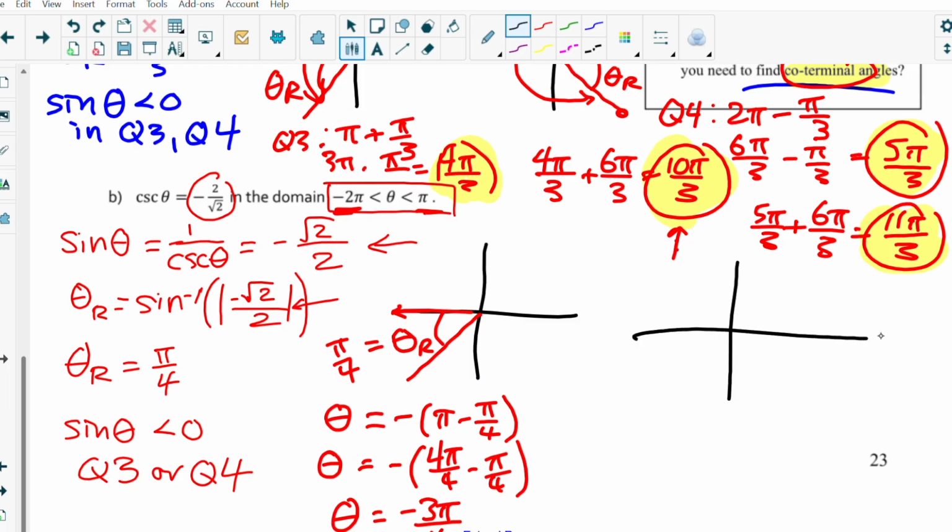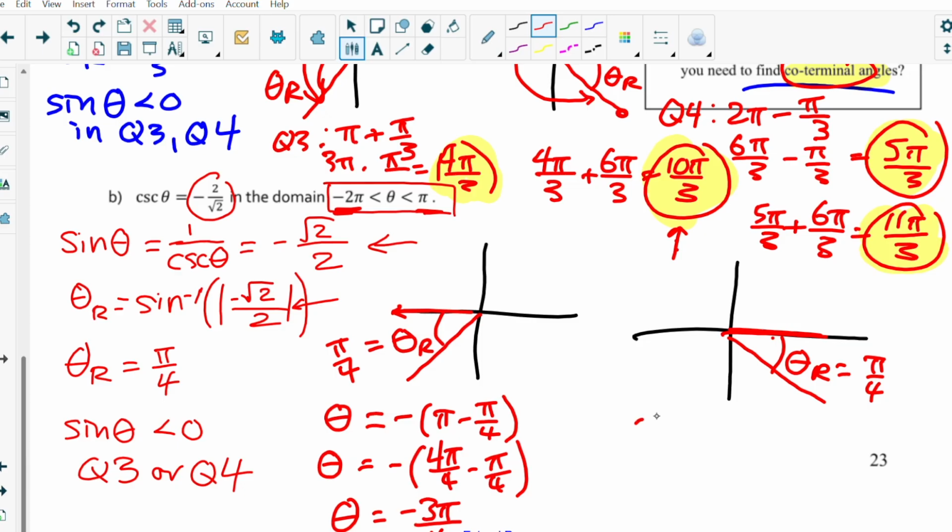Quadrant 4, well, here's my reference angle. Theta r equals pi over 4. Okay, how will I stay within my domain, right? So if I do a positive angle, I'm going to do 2 pi minus pi over 4.